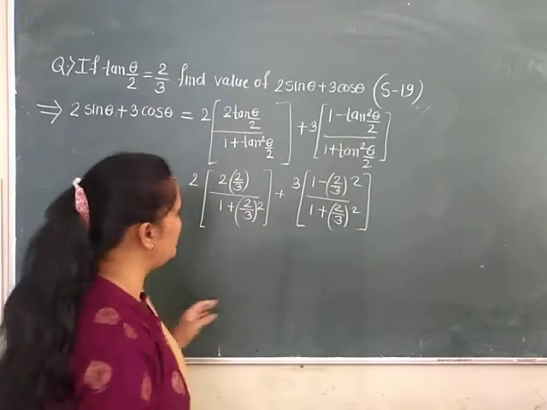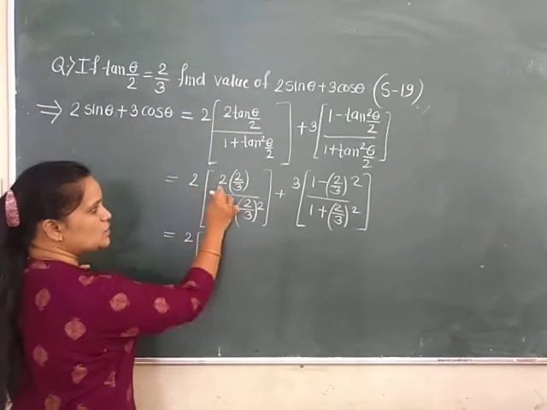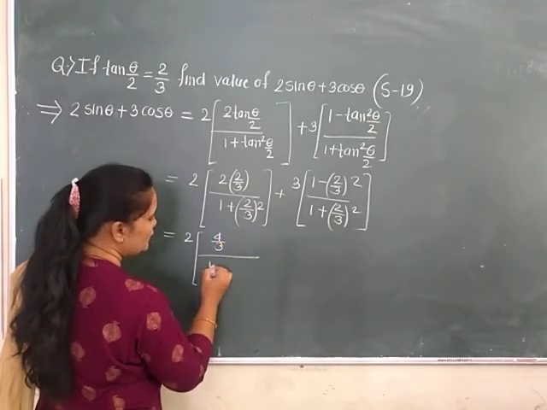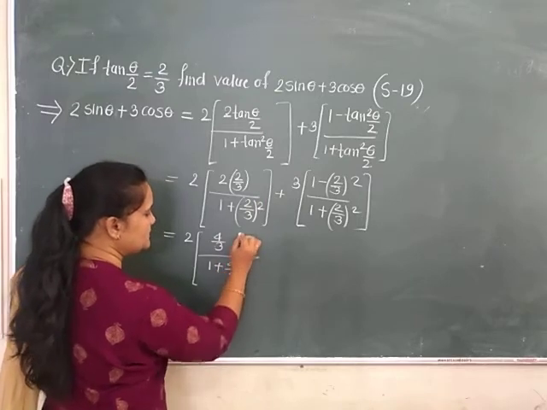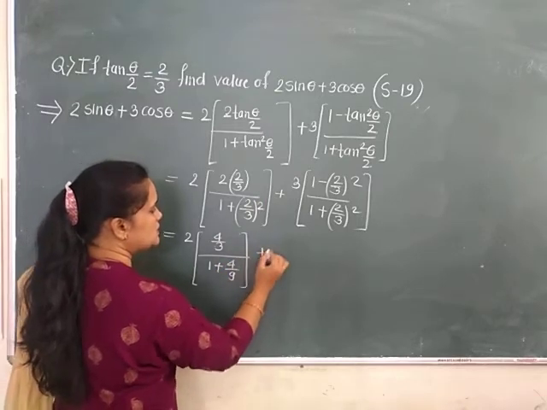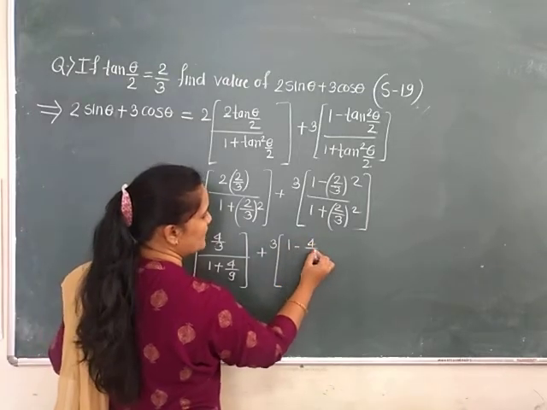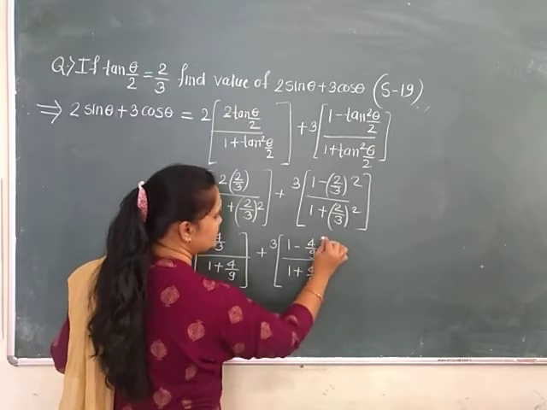Now simplify all these terms. So what we get, 2 into the bracket, 2 into 2 is 4, 4 by 3 divided by 1 plus, now 2 by 3 square is 4 by 9 plus 3 into the bracket, 1 minus 4 by 9 divided by 1 plus 4 by 9 we can write.